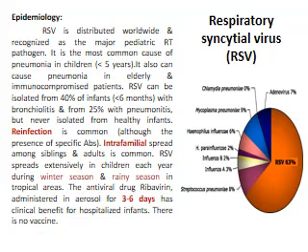Epidemiology: respiratory syncytial virus is distributed worldwide and recognized as the major pediatric respiratory pathogen. It is the most common cause of pneumonia in children less than 5 years. It can also cause pneumonia in the elderly and immunocompromised patients.